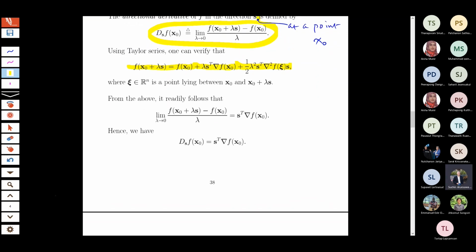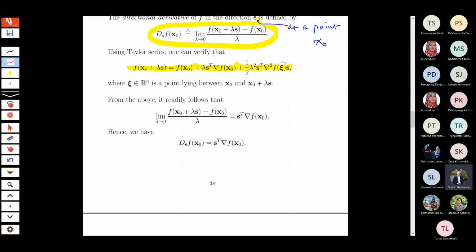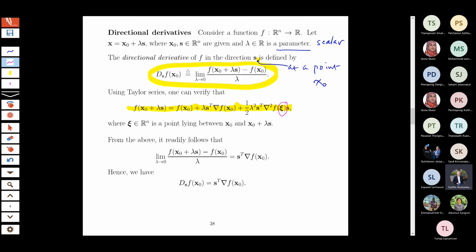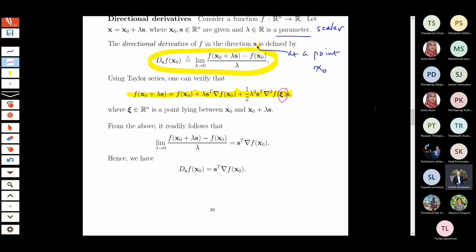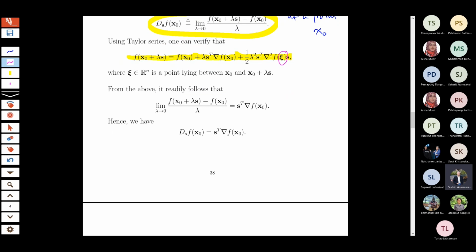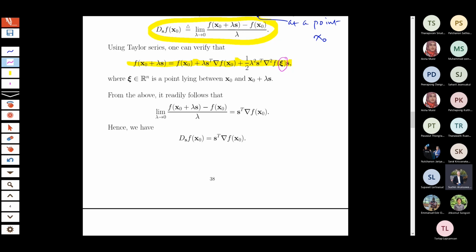You will see that in this case the unknown xi will vanish from the result. This is the exact expansion, so you need to include the extra point xi in the expansion. If you use only x naught, that is not correct. You have to be very careful here. The mistake people often make is to write it with equality using only x naught.